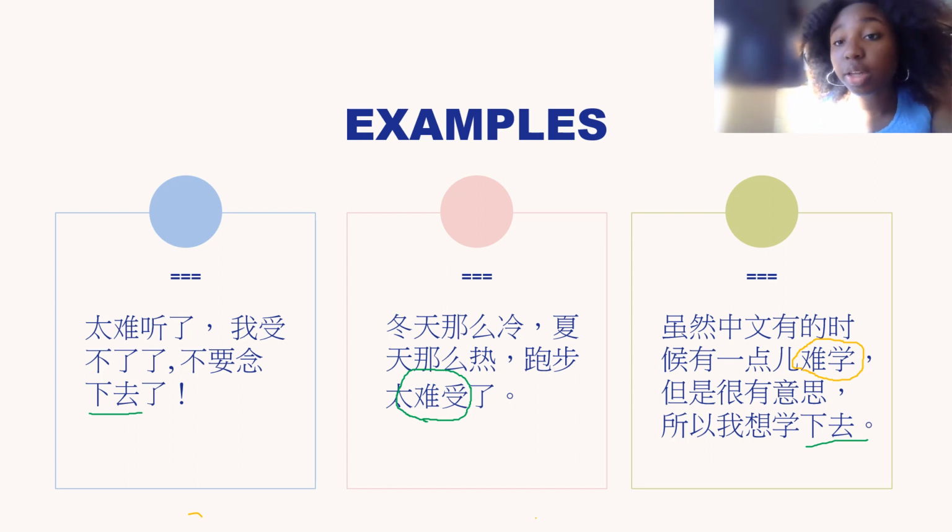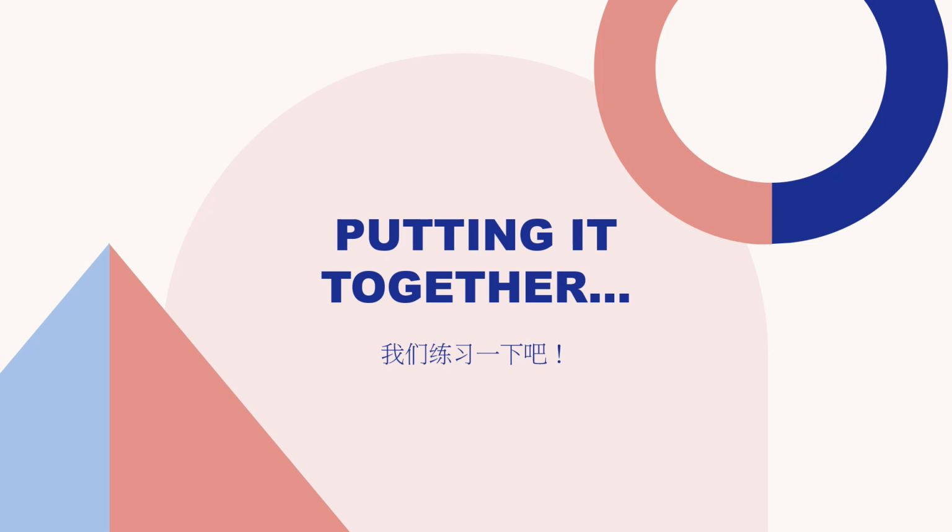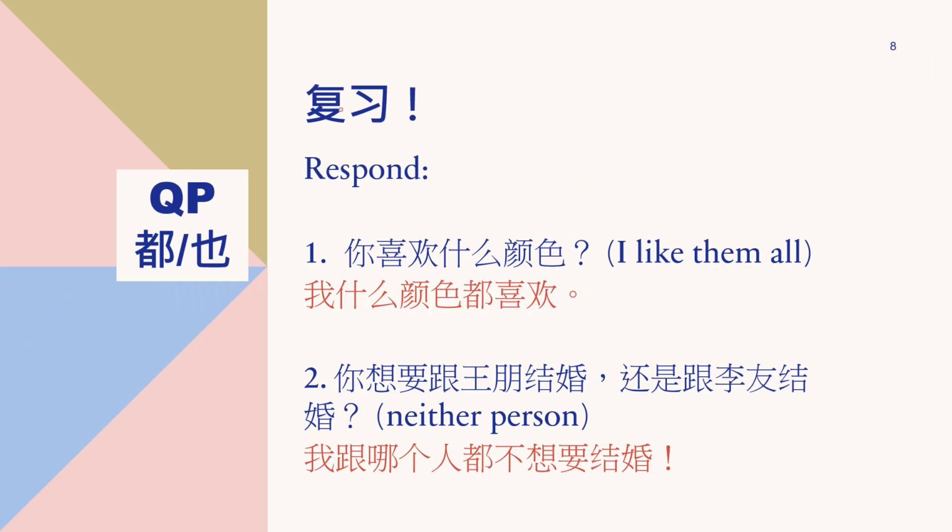But 你们觉得呢？我想知道。好的，辛苦了。But first, 我们来练习一下。So 17.1 练习 questions 来复习一下。So 第一个，你喜欢什么颜色？什么颜色都喜欢。Or 我什么颜色都喜欢。I like them all. 第二个，你想要跟王鹏结婚还是跟李友结婚？Neither. 我跟哪个人都不想要结婚。As opposed to 我跟什么人都不想结婚 which would be I don't want to get married to anybody.